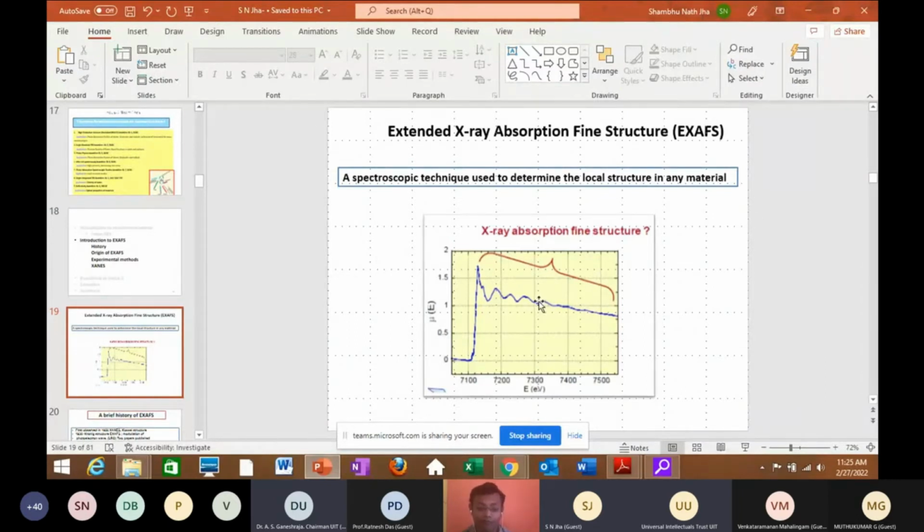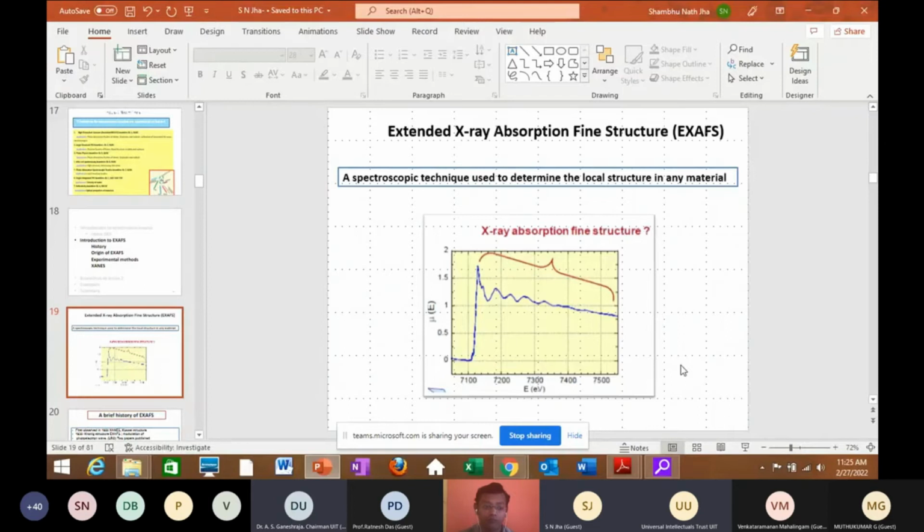But further, it is divided into two components, which we'll see more of in the next slides: extended X-ray absorption fine structure, and X-ray absorption near edge structure, that is XANES. It is basically a spectroscopic technique, but normally spectroscopy is used to find energy levels. Here, using this technique, we try to find out the structure at the local level in any material.